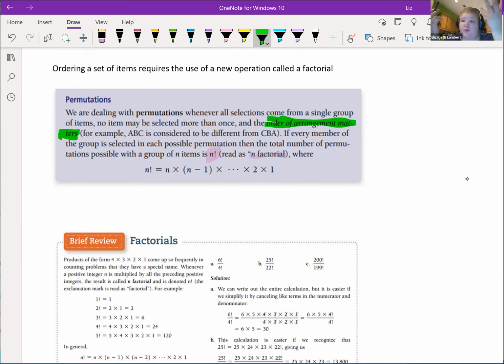Meaning if I was choosing 3 letters, ABC is different from CBA, different from BAC. There's actually 6 different ways you can rearrange those letters. And the reason I know that is because it's 3 factorial. Now, the way a factorial works is you start with whatever number you see, and then you multiply it by every number until you get to 1. So the factorials get huge real fast.